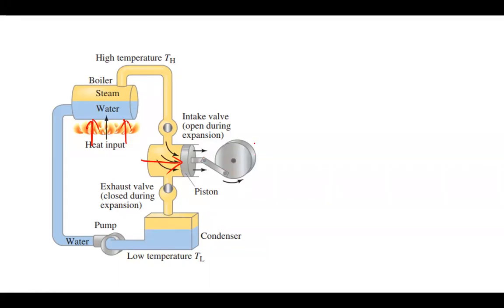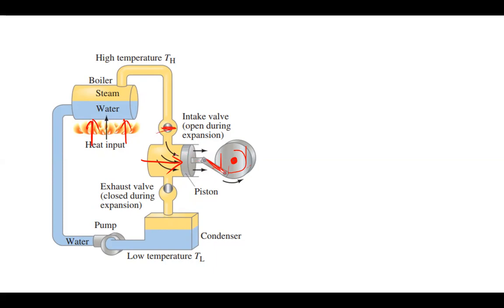If you are generating electricity here, it pushes the turbine, and as the turbine rotates in this direction, the connecting rod comes back this side and pushes the piston back inside. Now this intake valve will be closed.